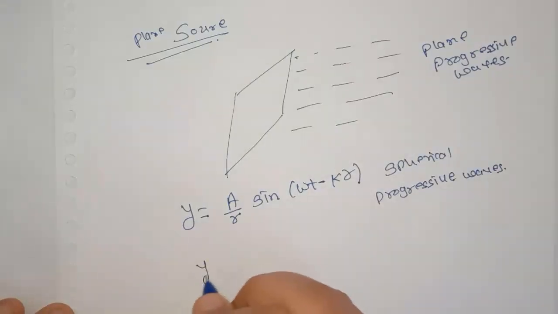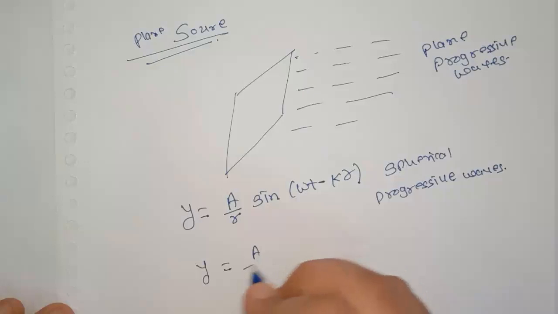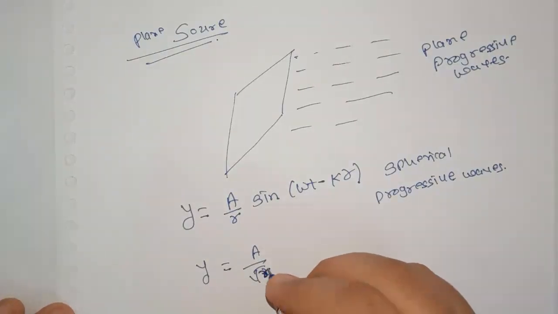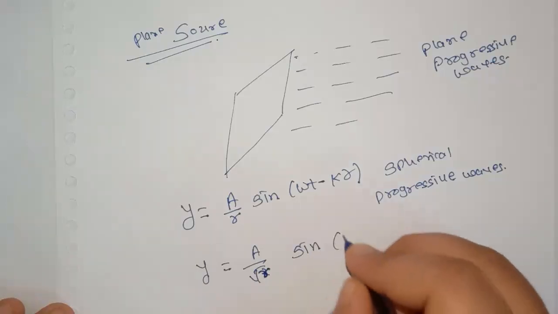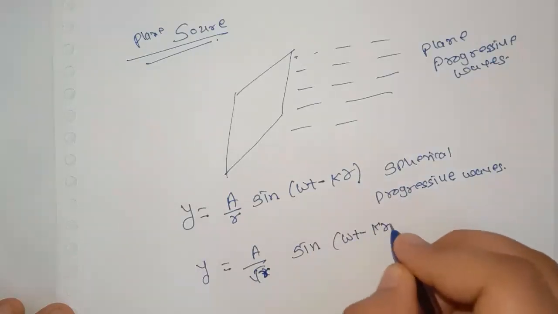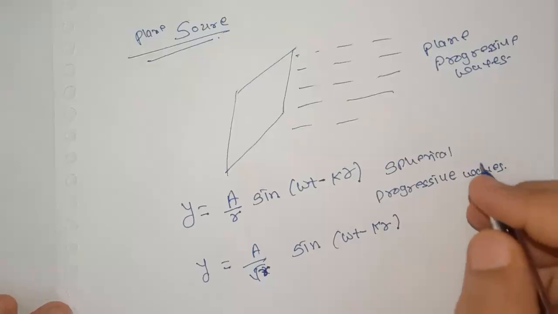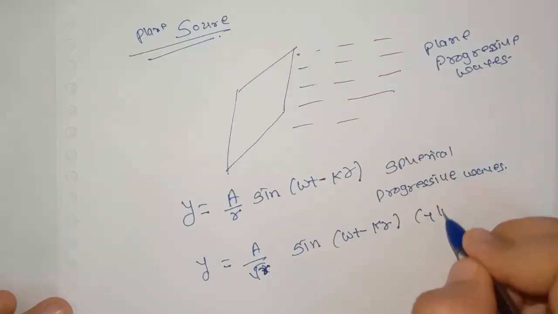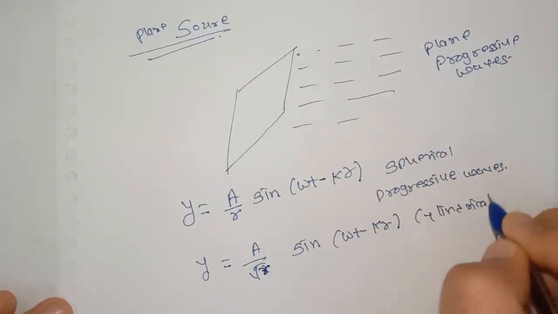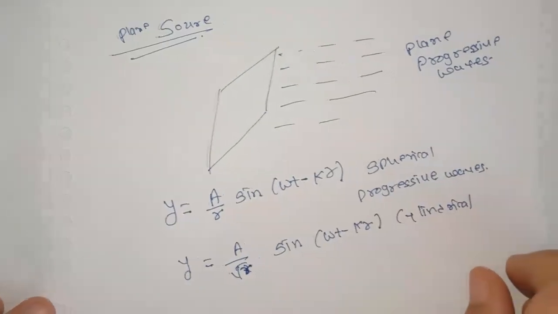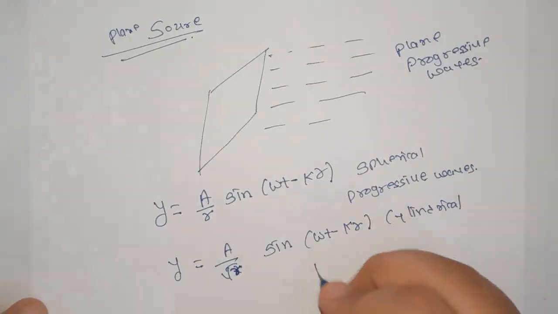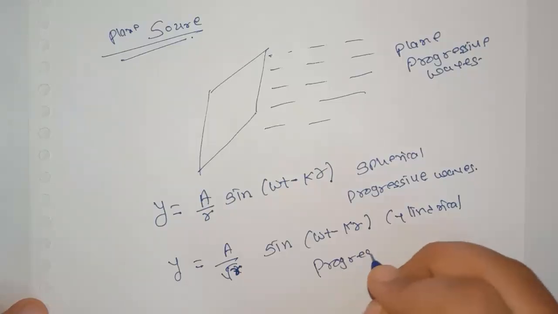And y is equal to a upon root r sine of omega t minus kr. They represent cylindrical progressive waves.